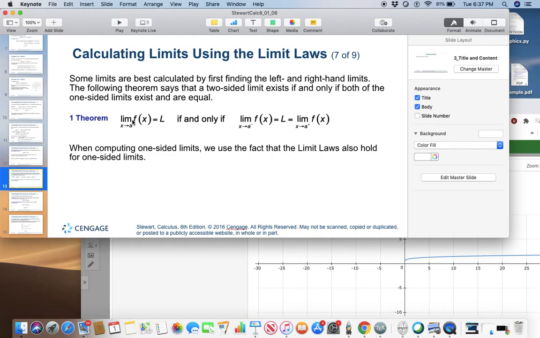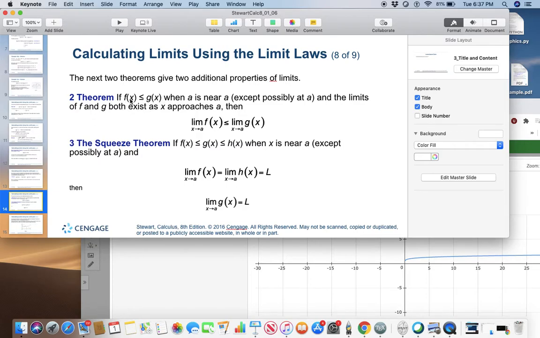The limit as x approaches a of f of x is L if and only if the left hand limit is L and the right hand limit is also L. Okay, this is what we have been seeing all this while. As long as the left hand limit and right hand limit agree to a certain number, that number is your limit. Okay.